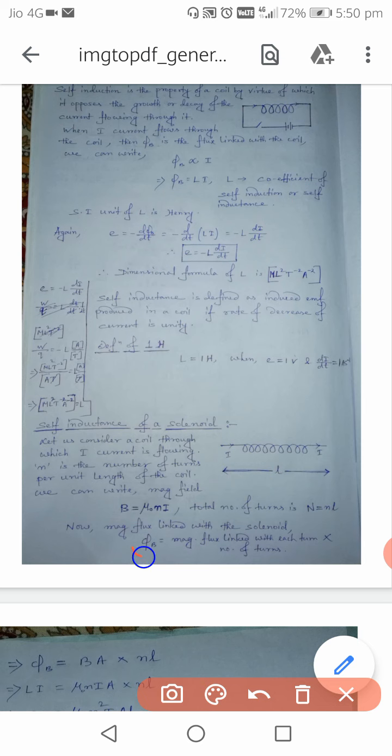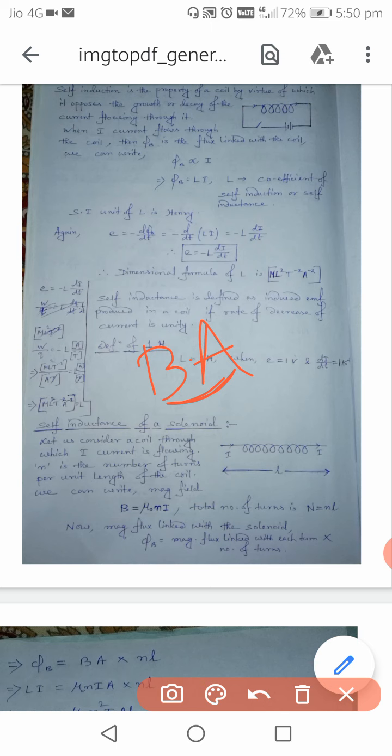Now the expression for flux, the total flux linked with this coil. So total flux will be the magnetic flux linked with each turn, that is, how much flux is linked with each turn, into the total number of turns. That will be the total magnetic flux linked with this whole coil. Okay, now the magnetic flux linked with each turn. For magnetic flux we have the formula BA. Actually it is B dot A, but in this case B and A will be in the same direction.